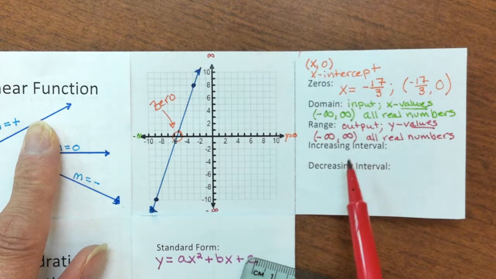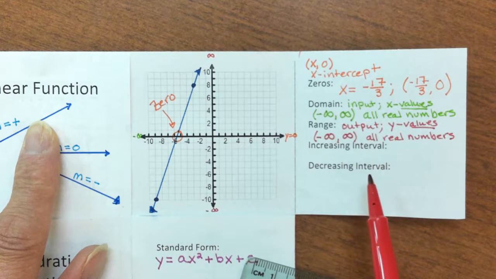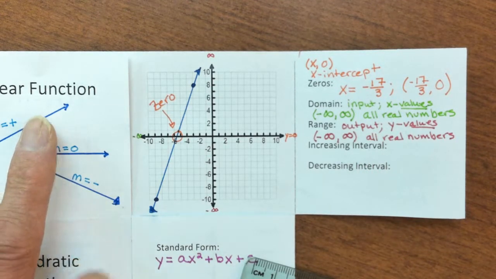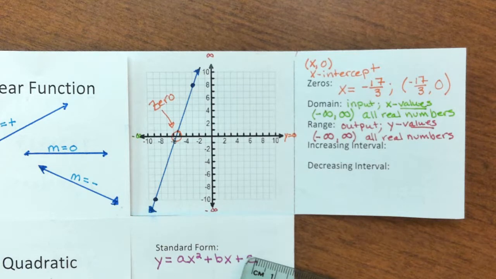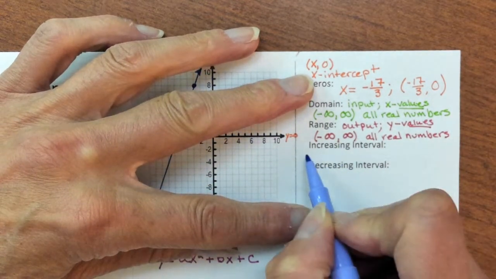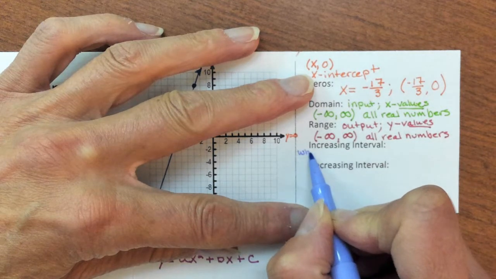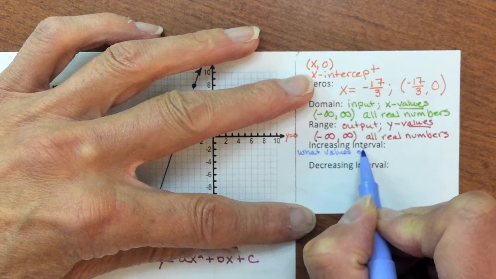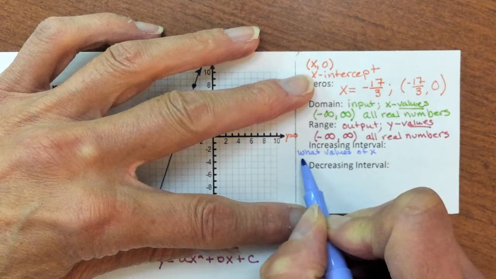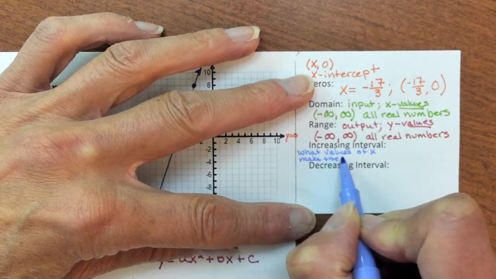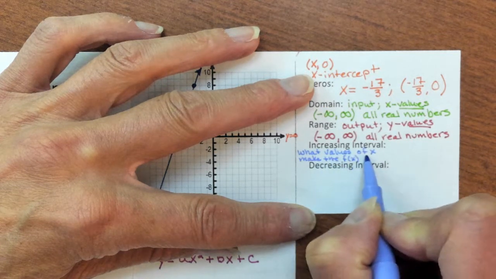So increasing and decreasing interval, what we're thinking about for these is the value of x. So what I'm thinking here is what values of x make the function increase.